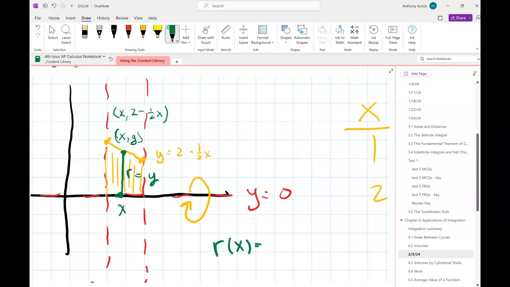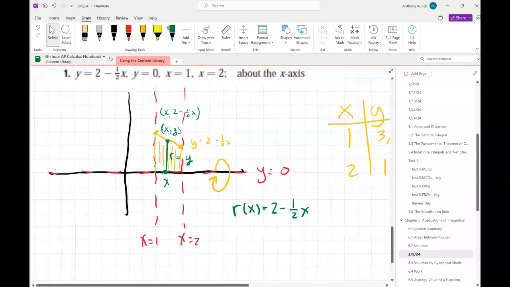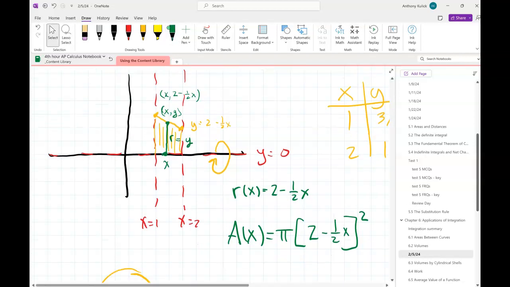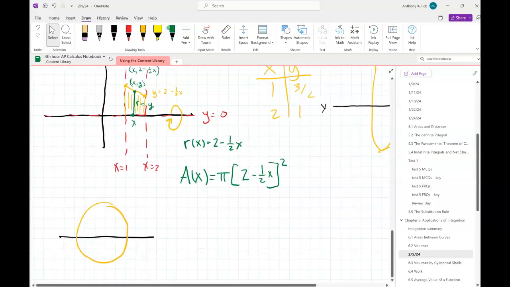So my r of x is going to be 2 minus 1/2 x. Does everybody feel okay with how I've gotten to here? So, since my cross-sectional area is a circle, my area function should be pi r of x squared. And now that we have our area function, we're ready to write our integral.